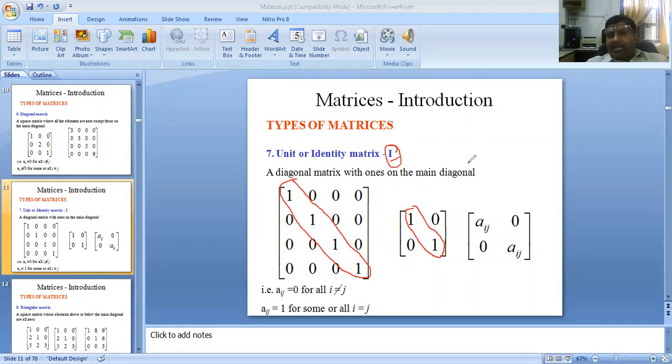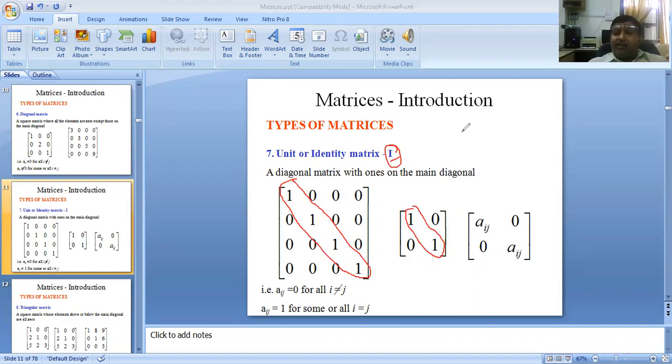So here we can say that all unit matrices are diagonal matrices, but all diagonal matrices are not unit matrices. We can conclude like this because in a diagonal matrix all other elements are 0, but diagonal elements are not in unity. But in a unit or identity matrix, all the principal diagonal elements are 1 and all other elements are 0.